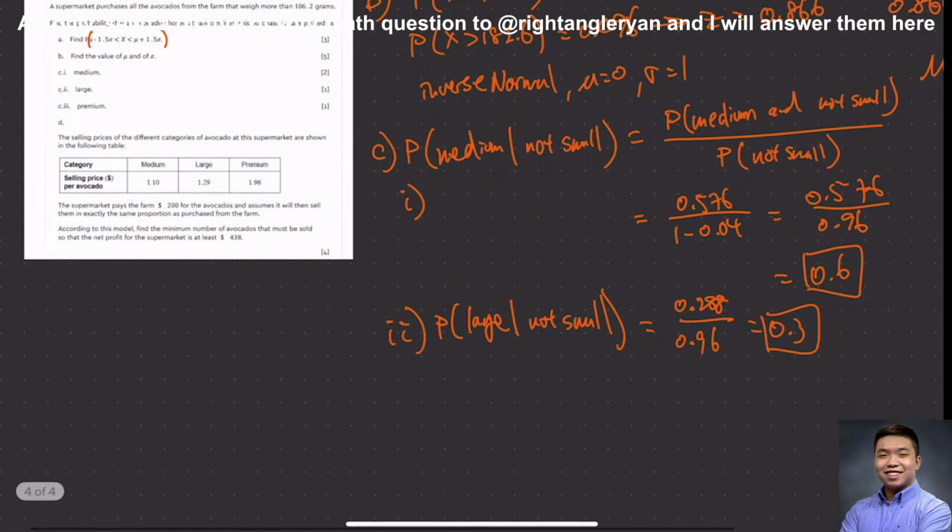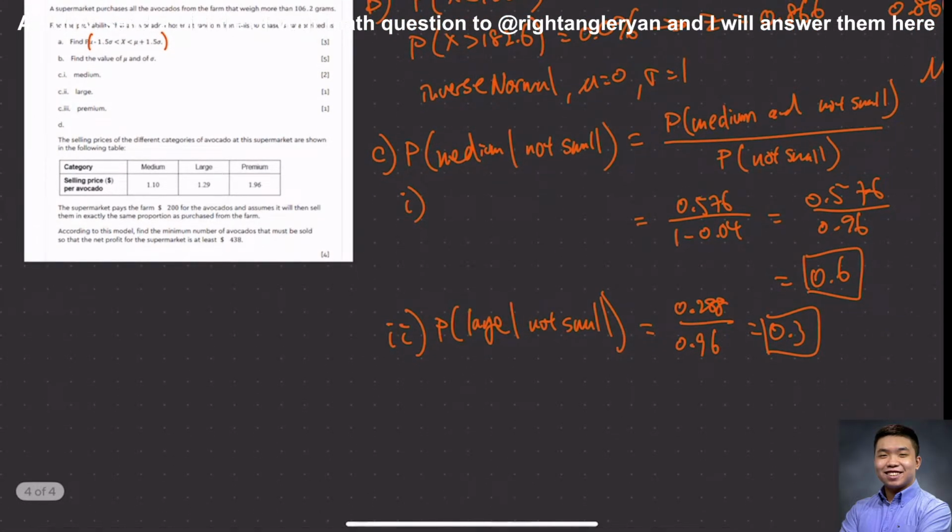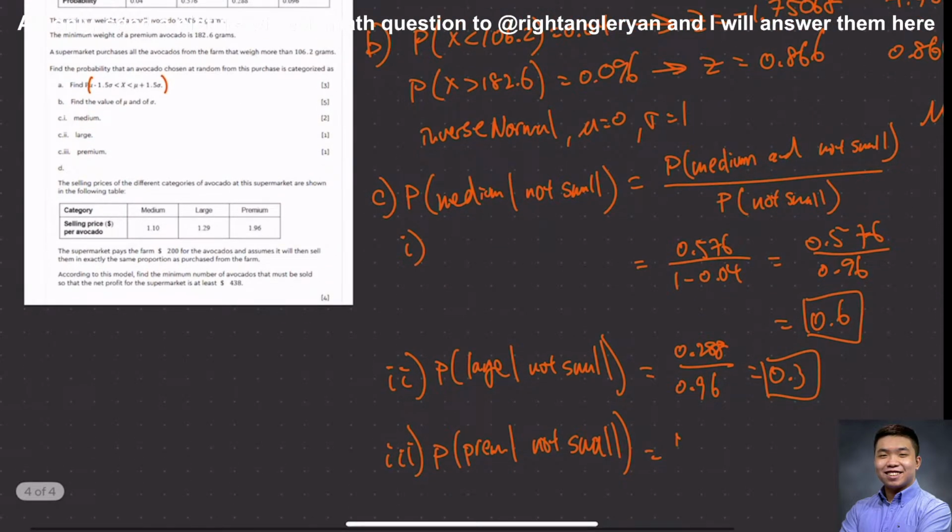And then part 3, same thing: the probability that it is premium given that it is not small, which means it's going to be 0.096 divided by 0.96. That will give you 0.1 if you put it in your calculator. Okay?